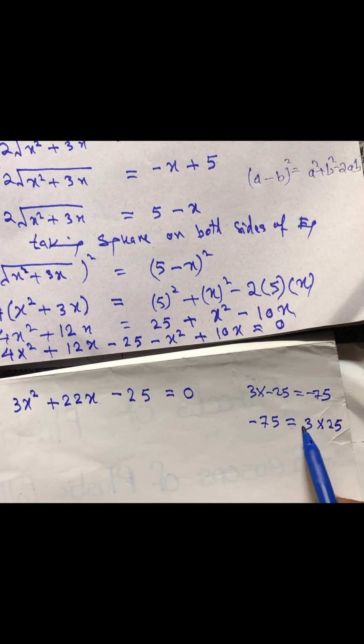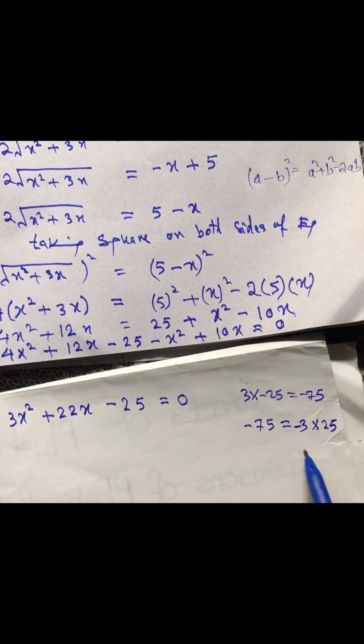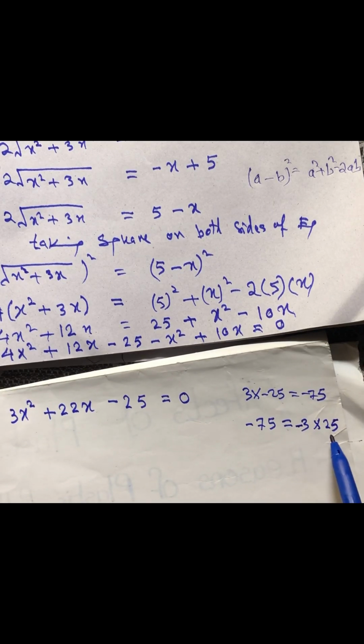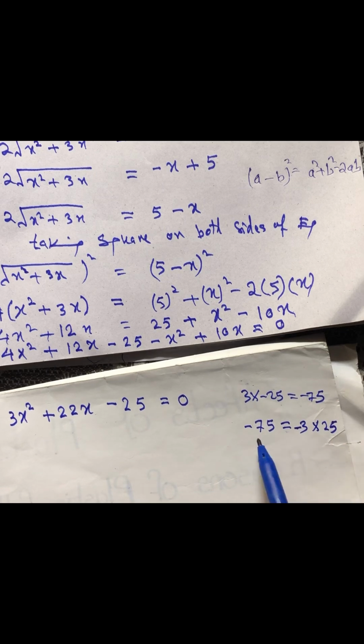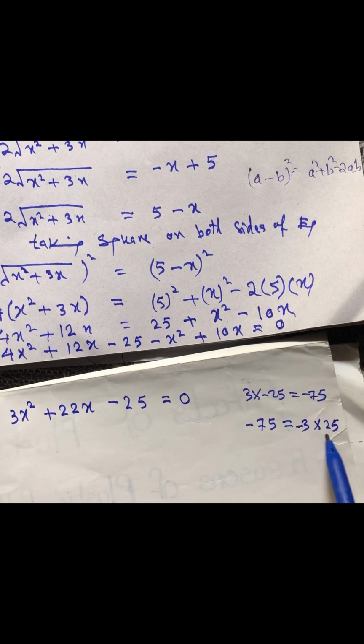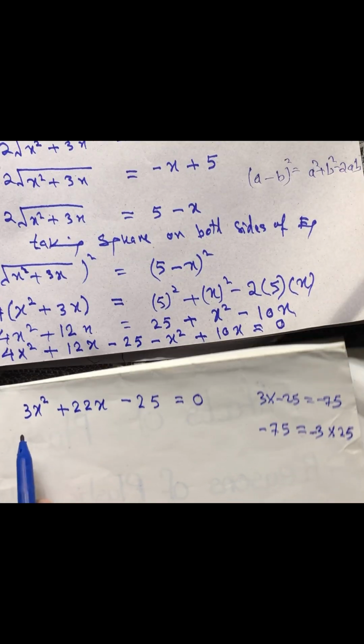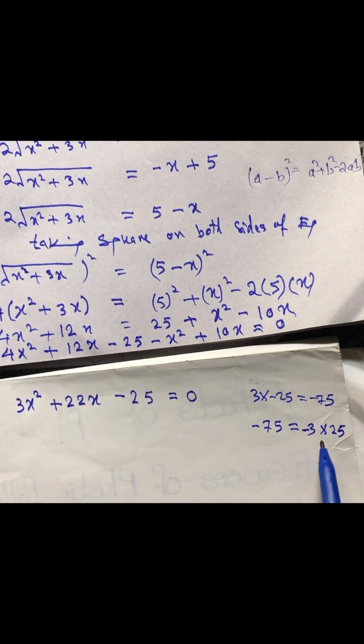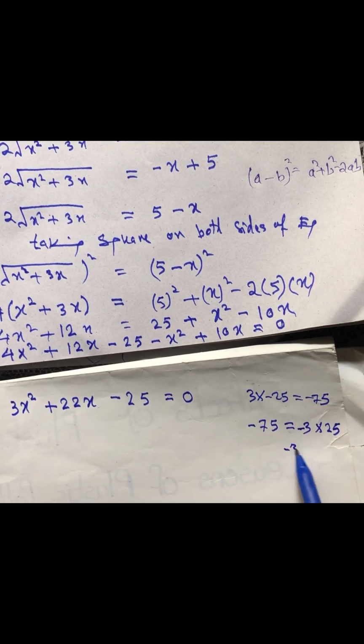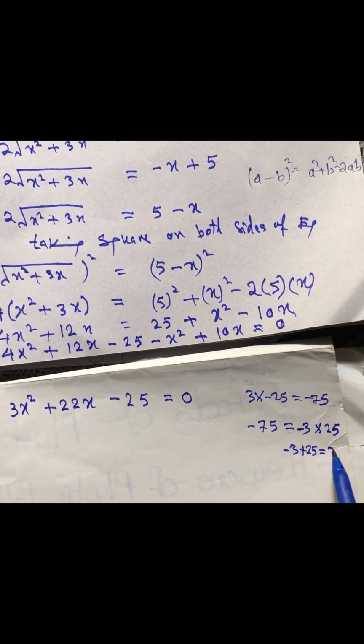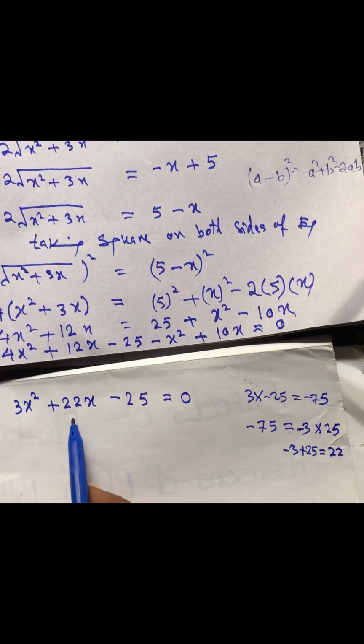So minus will be with 3. Now multiplying minus 3 by 25, minus 75 comes, and adding them, 22 will be there. That's why minus 3 plus 25 is equal to plus 22. That is what we needed.